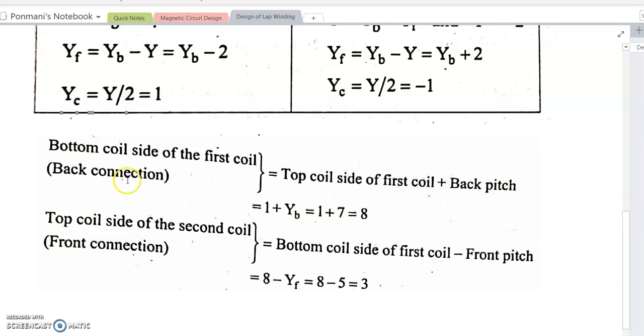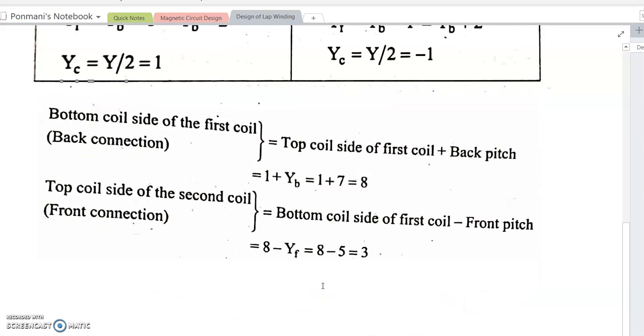This is the formula. Back connection is the top coil side of the first coil plus back pitch, and front connection is the top coil side of the second coil. The top coil side of the first coil is here, its bottom coil side is here, then the second coil starts with its top coil side, and its bottom coil side is its end. The front connection is the bottom coil side of the first coil minus front pitch, and like that we have to continue this winding.